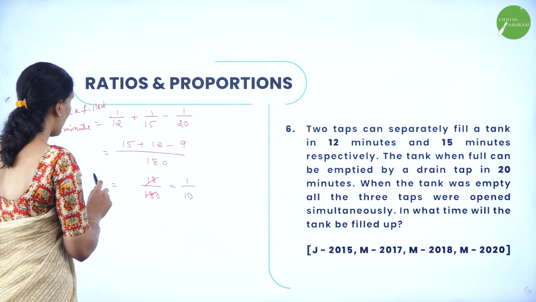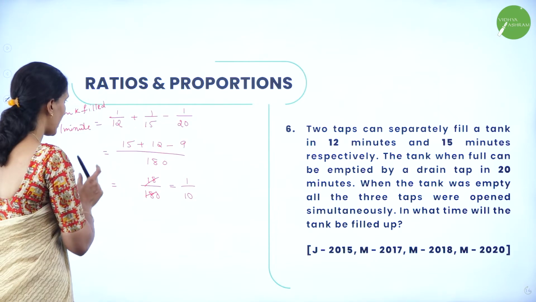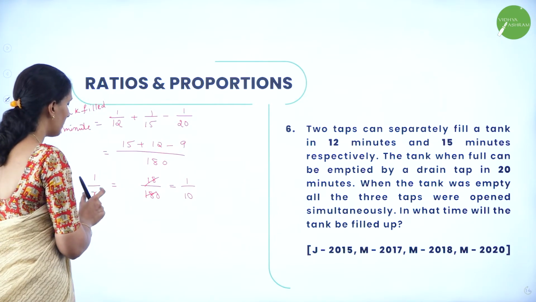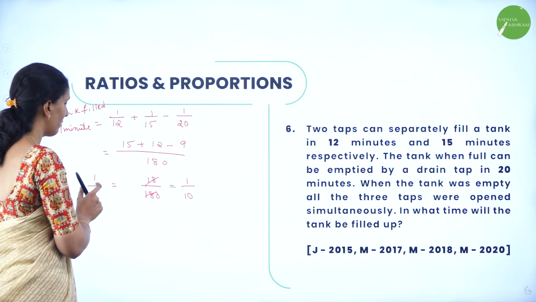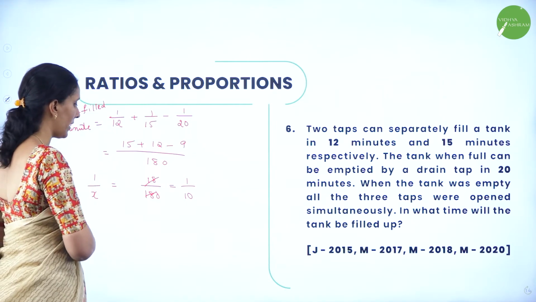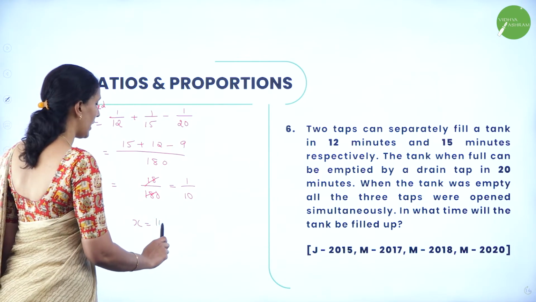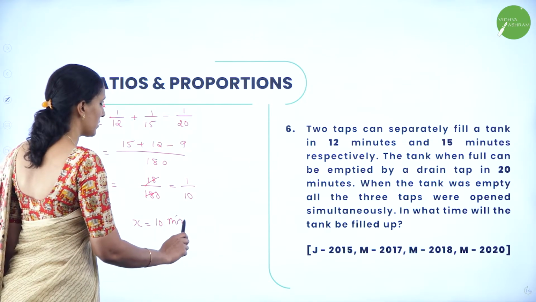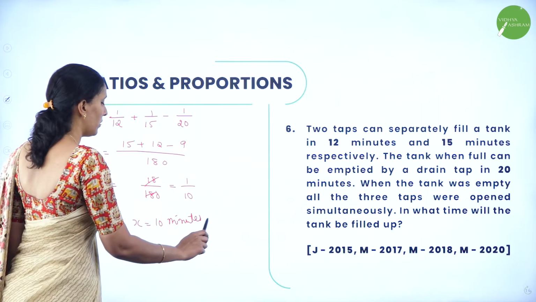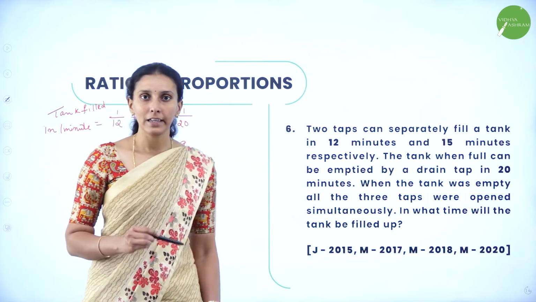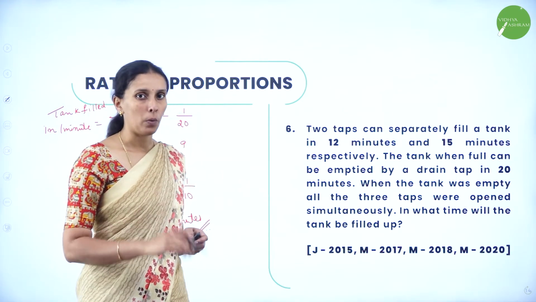If I take this value as 1/x, the part of the tank filled by the taps in 1 minute, then 1/x is equal to 1/10, which means x is equal to 10 minutes. So therefore 10 minutes are required to fill the tank completely when all the 3 taps are opened.